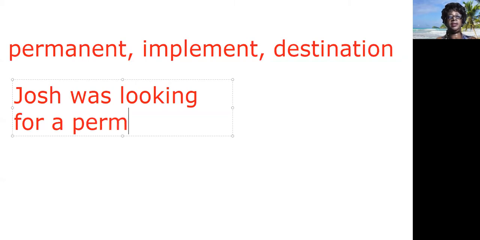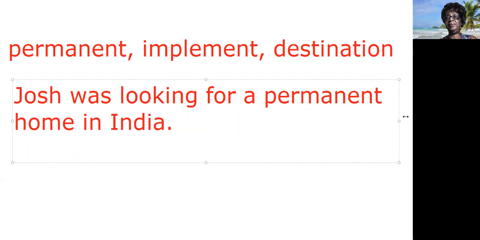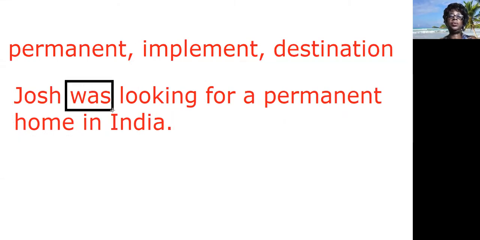Josh was looking for a permanent home in India. Okay, Josh was looking for a permanent home in India. Notice that I used the word was. Was is past tense, which means Josh is no longer looking for a permanent home in India.